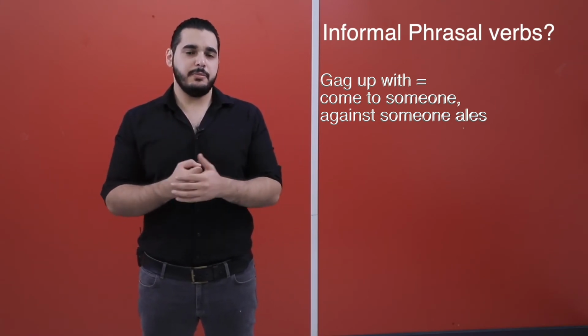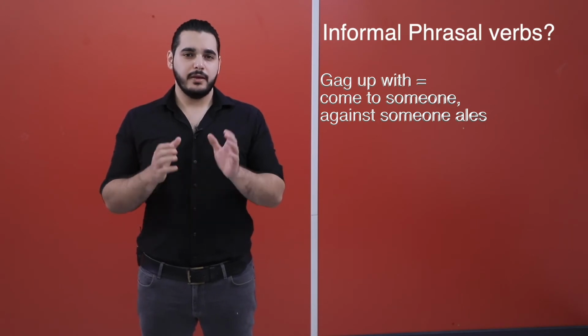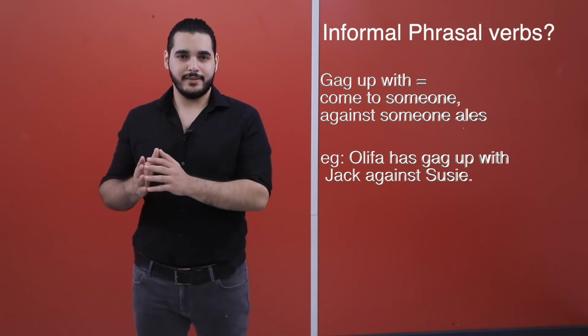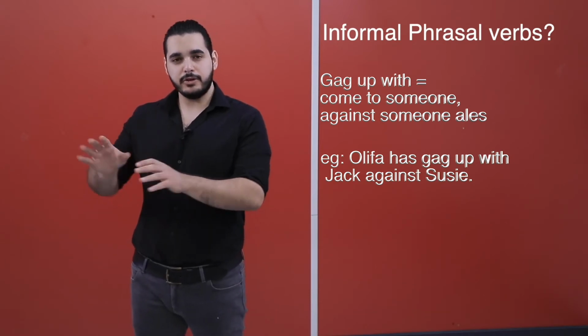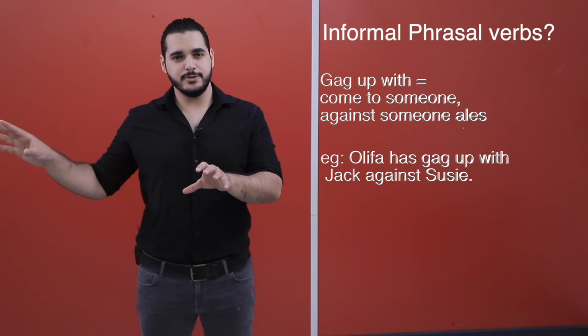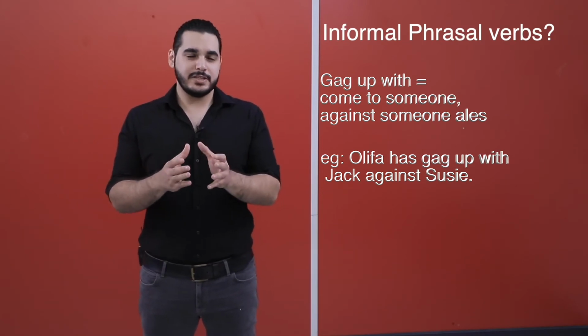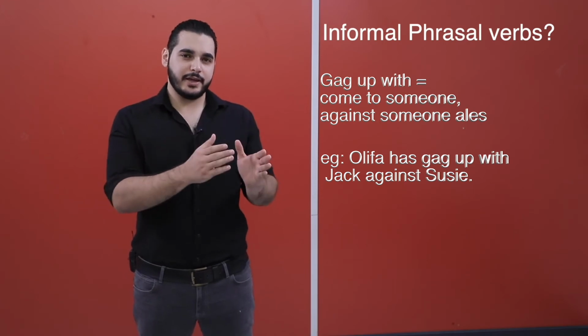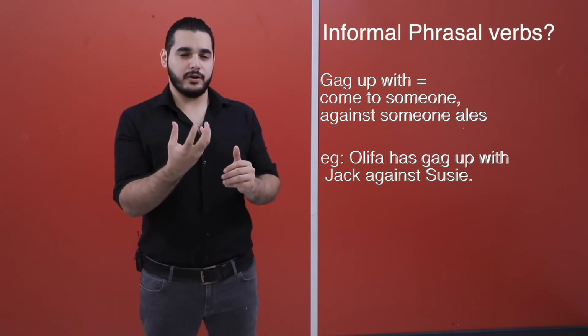Oliver has ganged up with Jack against Susie. You don't really need to say against Susie, but the idea is using gang up with. So now we know that Jack and Oliver are one group that are working against Susie.